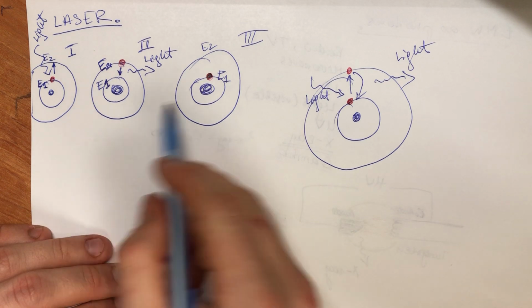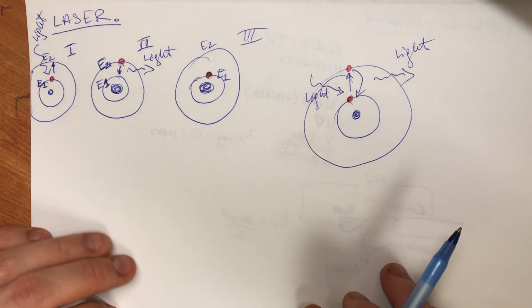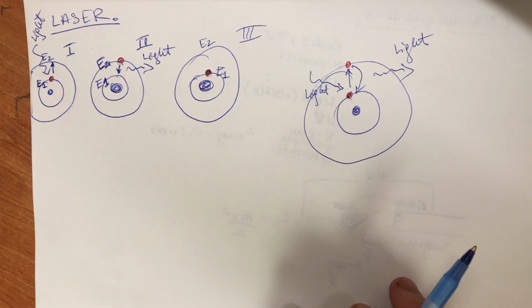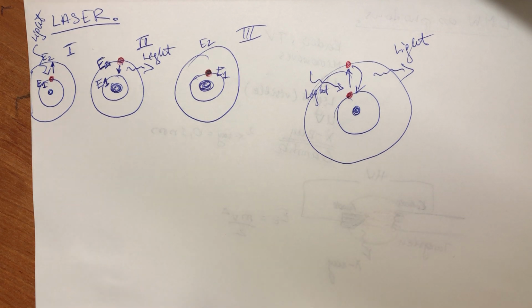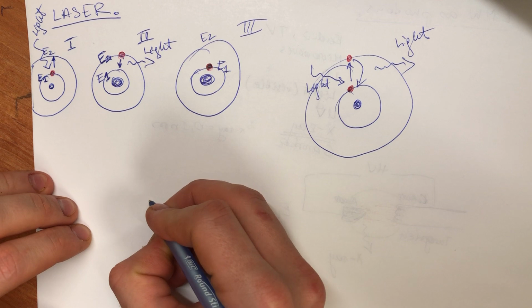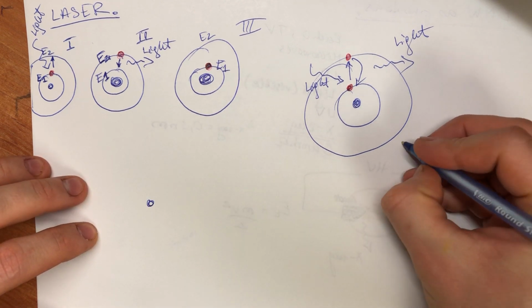So this is what I was trying to illustrate in stages. But what happens if the electron... so this is spontaneous emission.